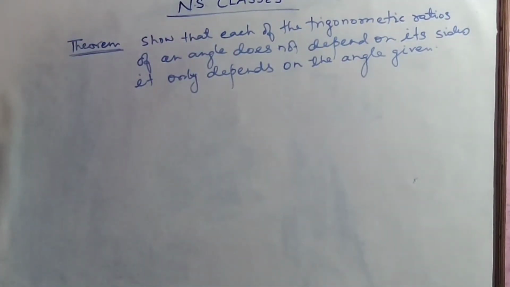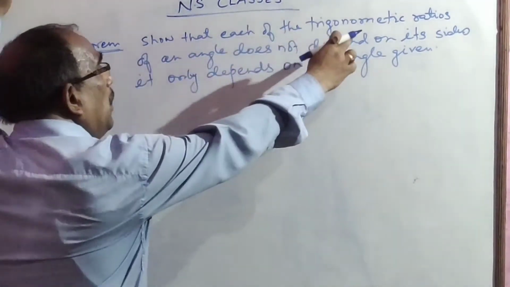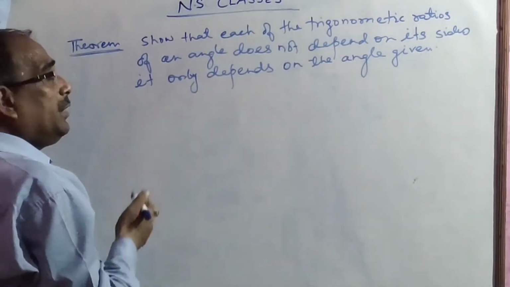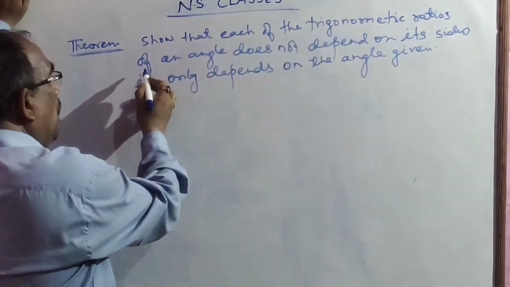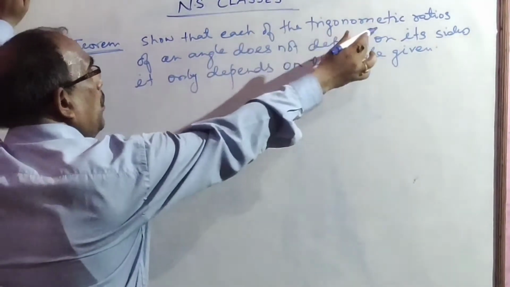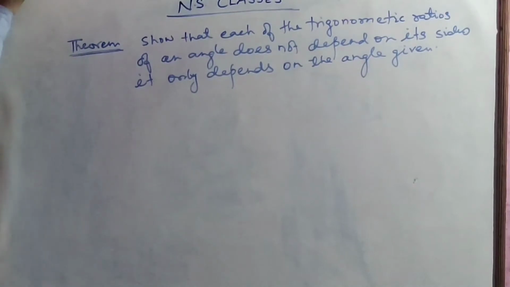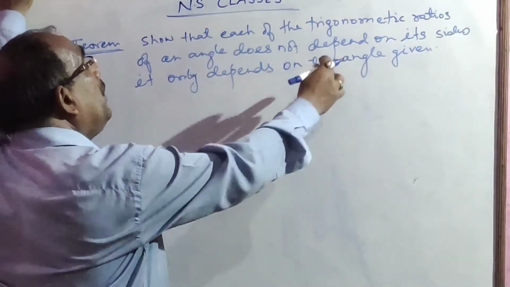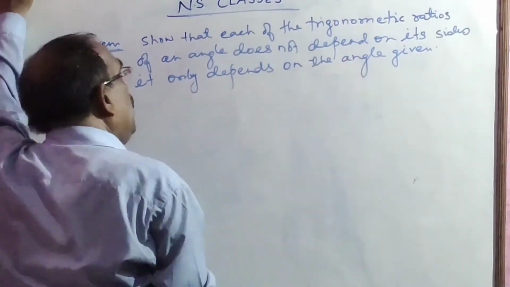What does it mean? So each of the trigonometric ratios, we have 6 trigonometric ratios, of an angle does not depend on the sides of the triangle, it depends only on the angle.